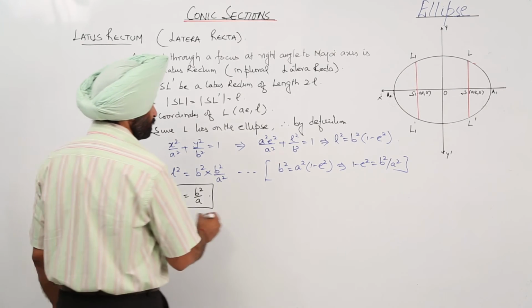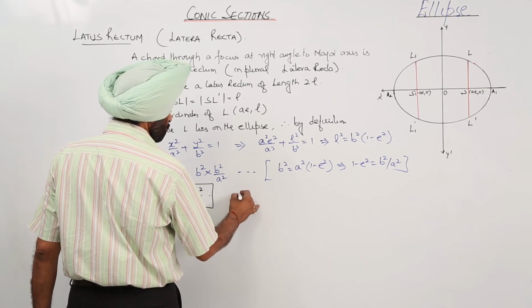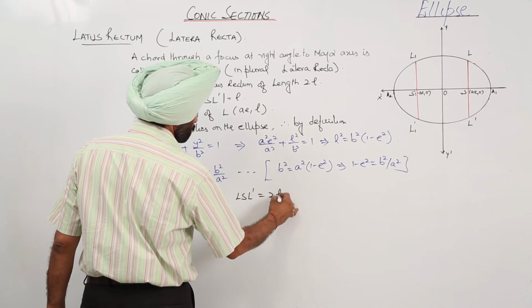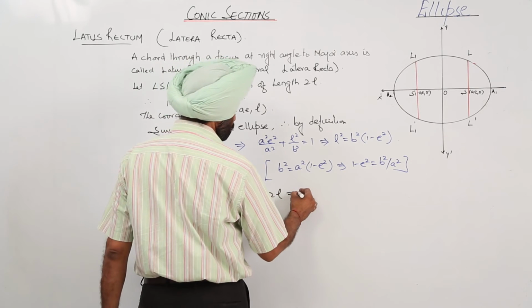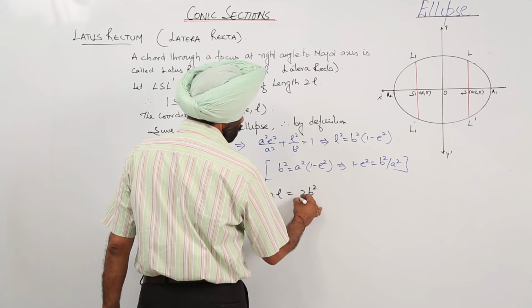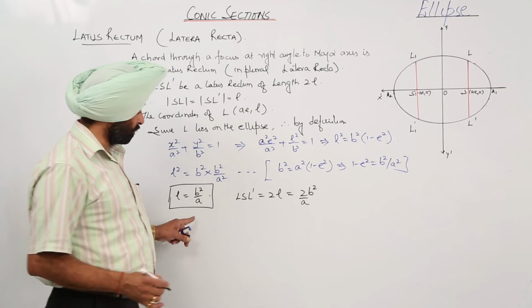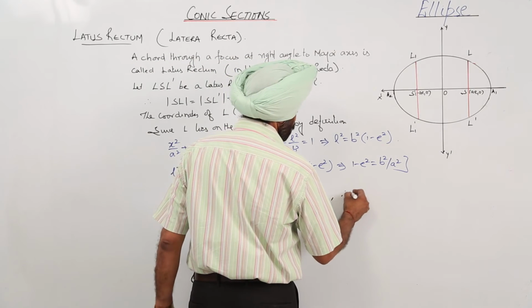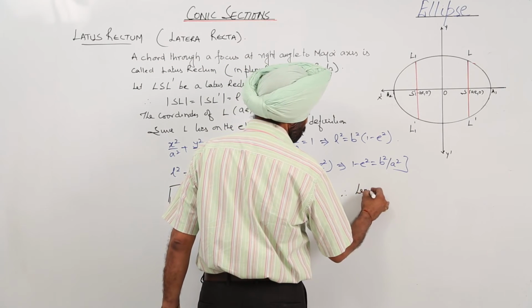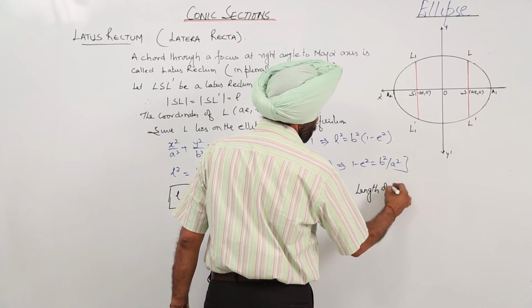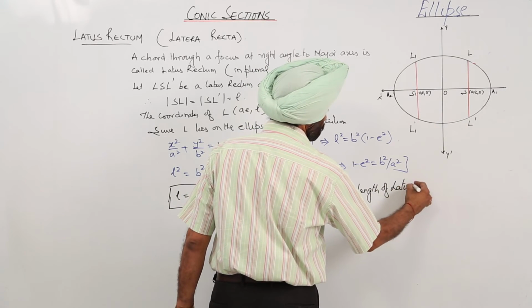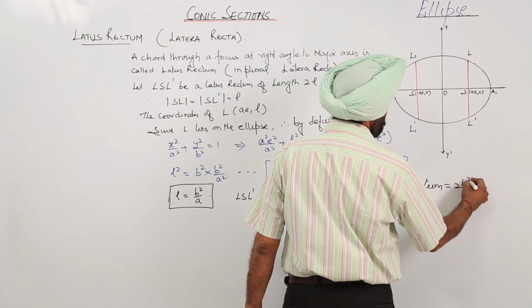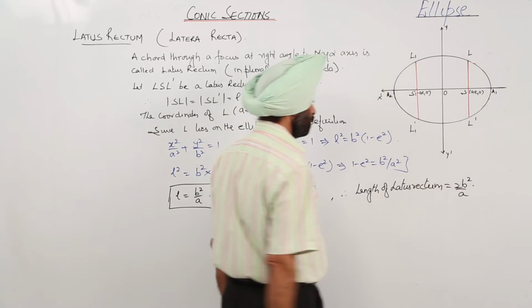Okay. So now LSL dash is equal to 2L and this is equal to 2b square upon a. It was b square upon a, so now 2L is 2b square upon a. Therefore length of latus rectum is equal to 2b square upon a.